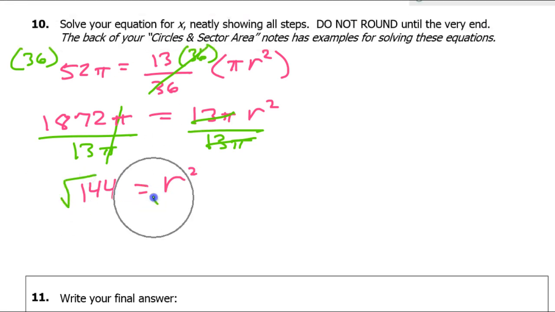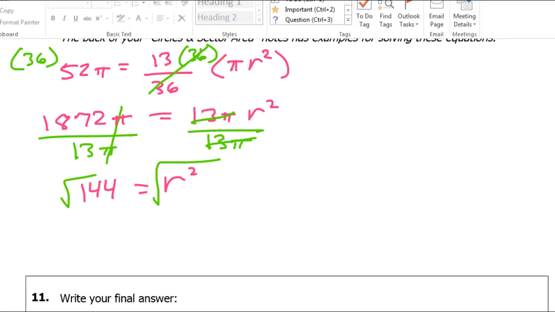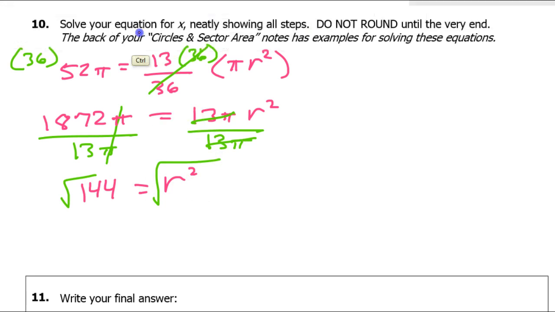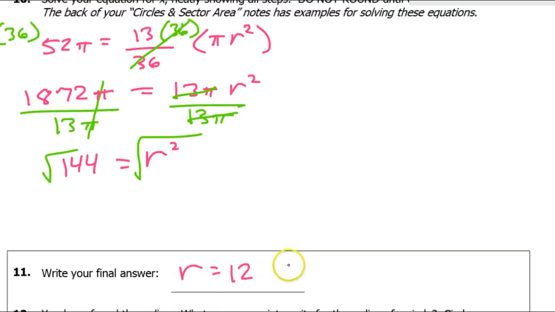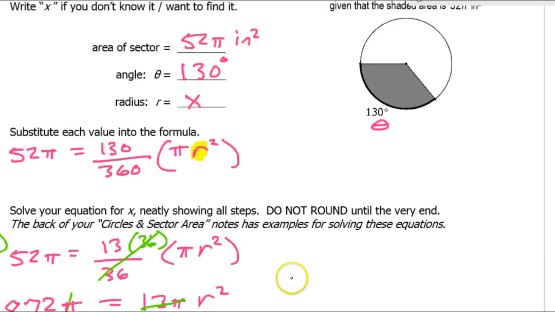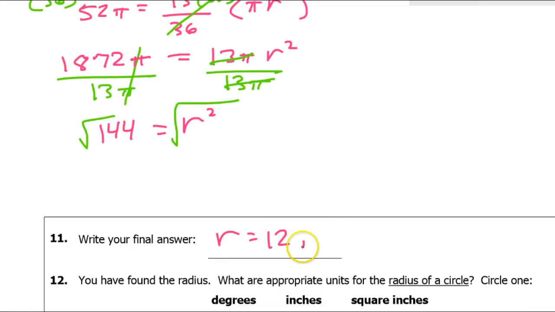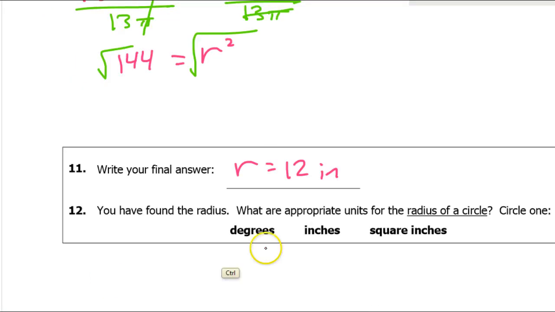So now I take the square root of both sides, and that's 12. Tell me the units first real quick. Inches. Yep, so the appropriate unit were inches because radius is a length.